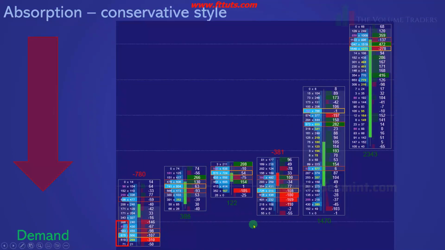Also, another important confirmation for me while I'm already in the trade is that the third candle is not with negative delta. Because if right after my entry I would see negative delta, it could mean that aggressive sellers are still in the game and they didn't give up.